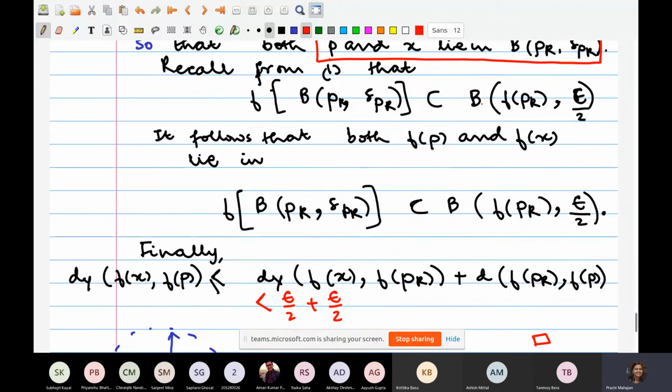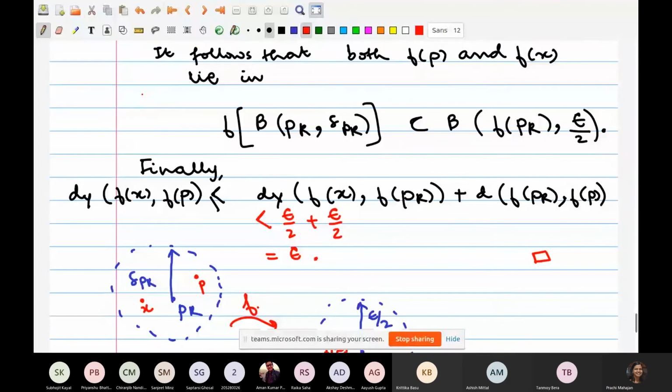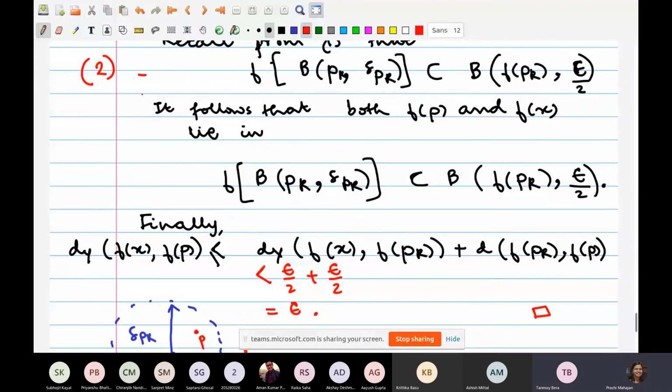Look at inequality 2. By the inclusion 2, f of X and f of P are both in this fixed ball around f of pk of radius epsilon by 2. Is that okay?